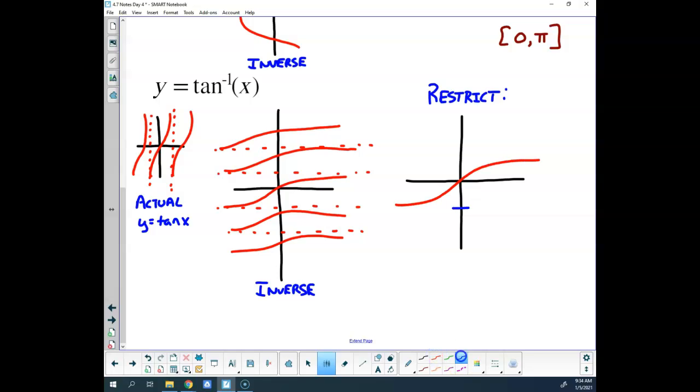So this time we restricted it again to the right half. So the restriction is the right half.